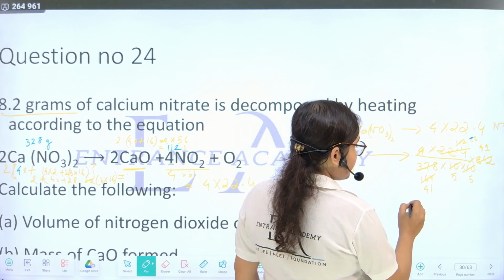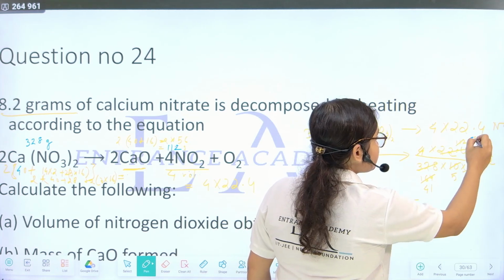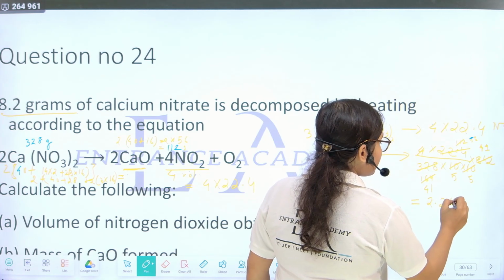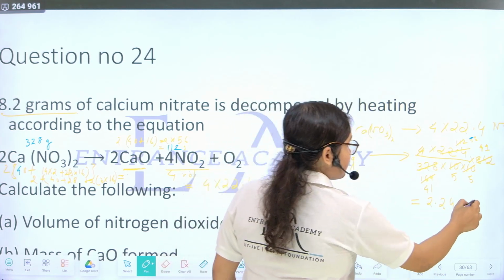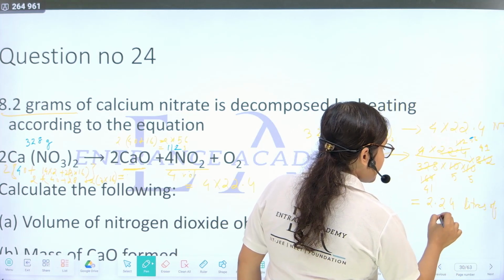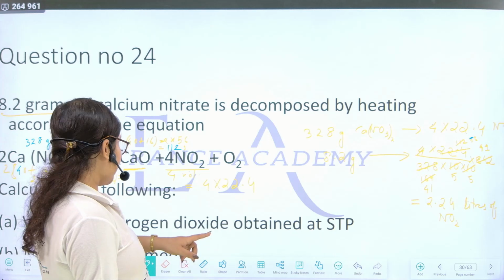You calculate this, you will get 2.24 liters of nitrogen dioxide. 2.24 liters of nitrogen dioxide obtained at STP.